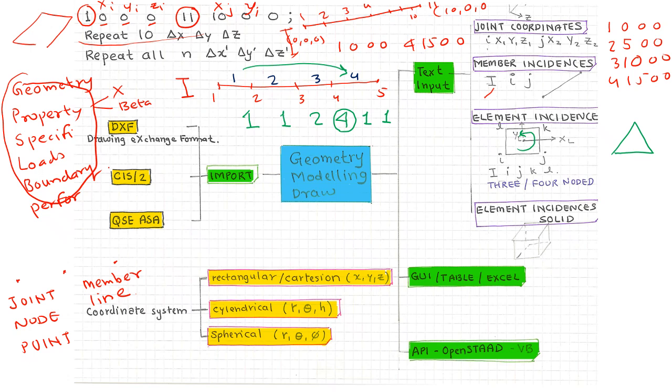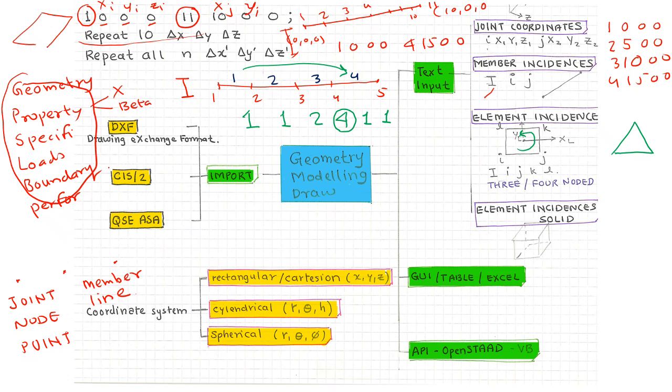Based on that, the third axis of the plate will get decided. So the plate local x-axis will be between I and J, and the local y-axis will be from J to K direction, and it will use the right hand rule to find the third axis of the element.